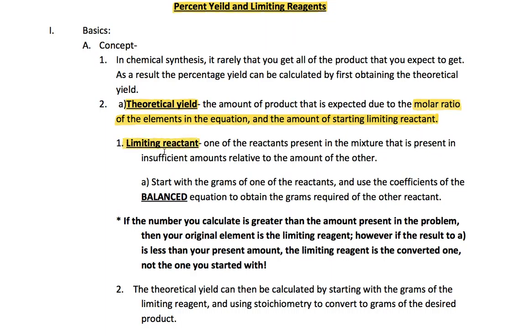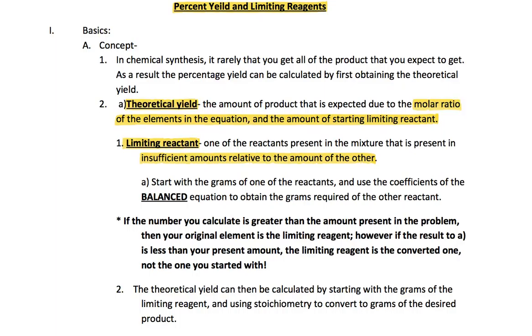So limiting means that we don't have enough of one reactant, based on the chemical equation, to match the amount of the other reactant present. One of the reactants will be in excess, but the other one will be insufficient relative to the other one.